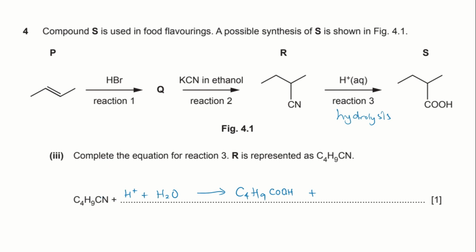So this OOH is actually from the water. Now I need two O, so I need two water molecules. So if I use two water molecules here, I still have H plus. So that means the N will form ammonium ion. Right? N reacts with H plus ion becomes NH4.